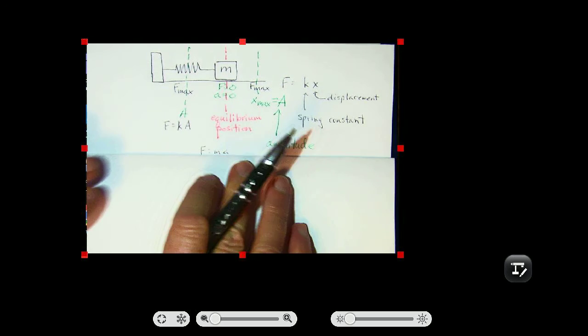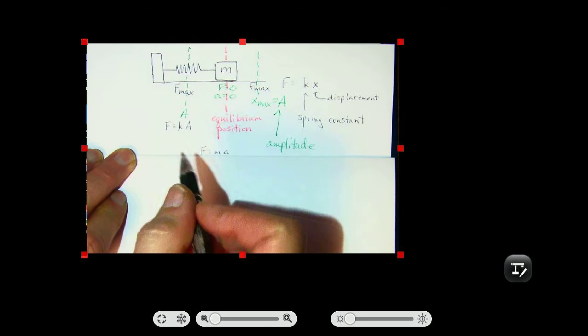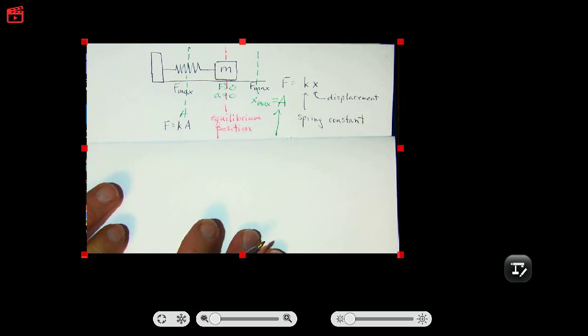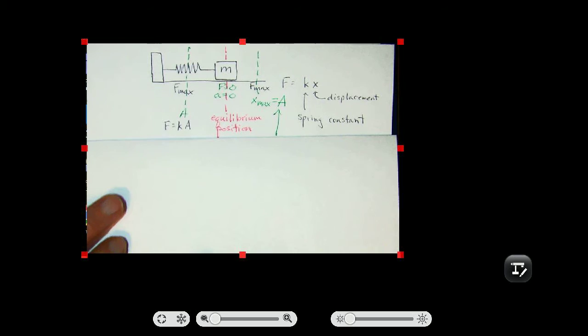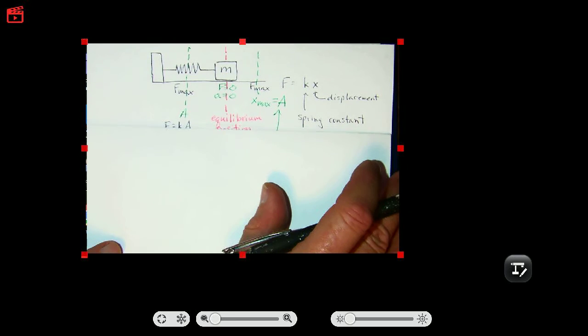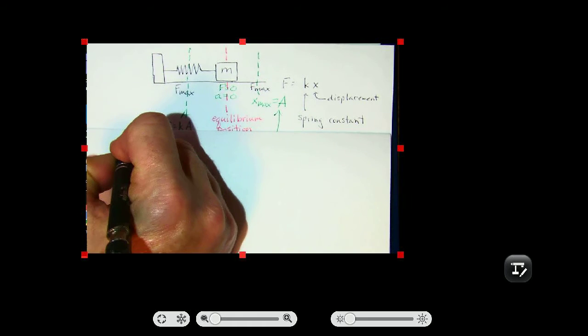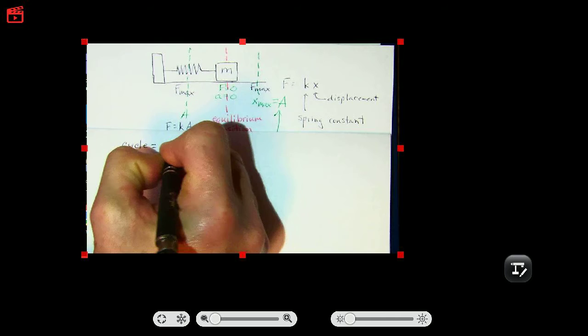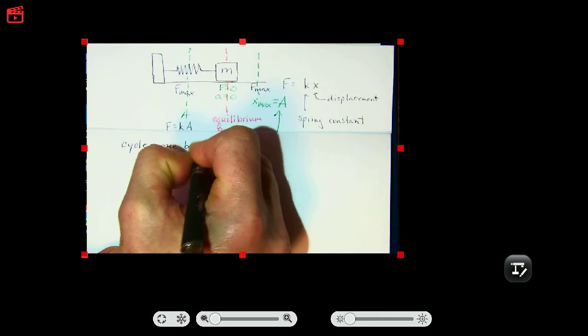Some other things that we'll need to define. When we're talking about this one back and forth motion, we're going to call a cycle. So, a cycle is one back and forth motion.